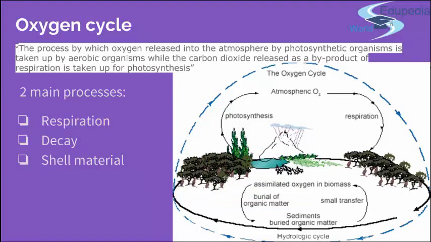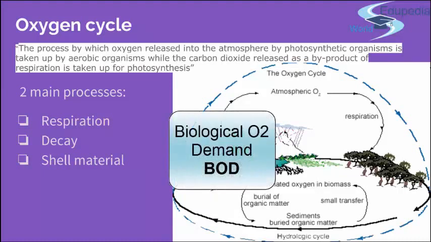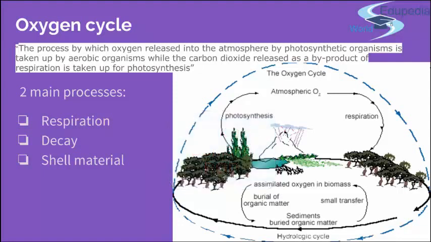For this reason, the content of biodegradable substances in wastewater is expressed by a special index called biological oxygen demand, or BOD, which represents the amount of oxygen needed by aerobic bacteria to decompose the waste. This is the main reason why it is important to maintain oxygen at reasonable levels to meet the needs of organisms in a certain environment.